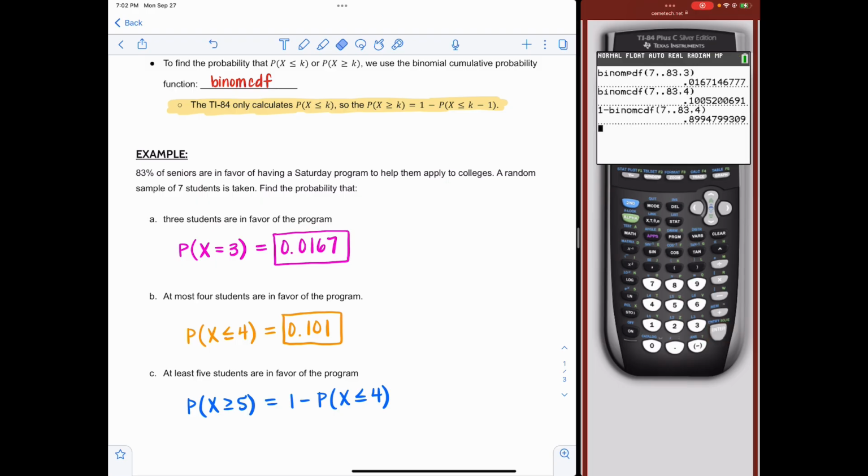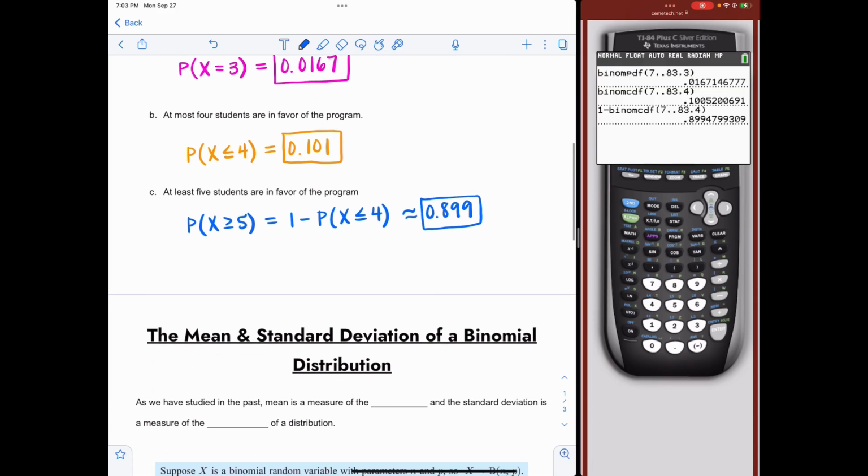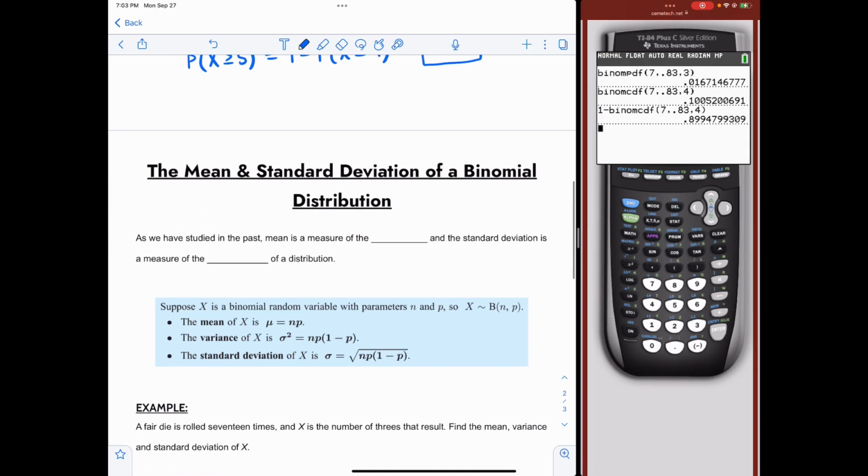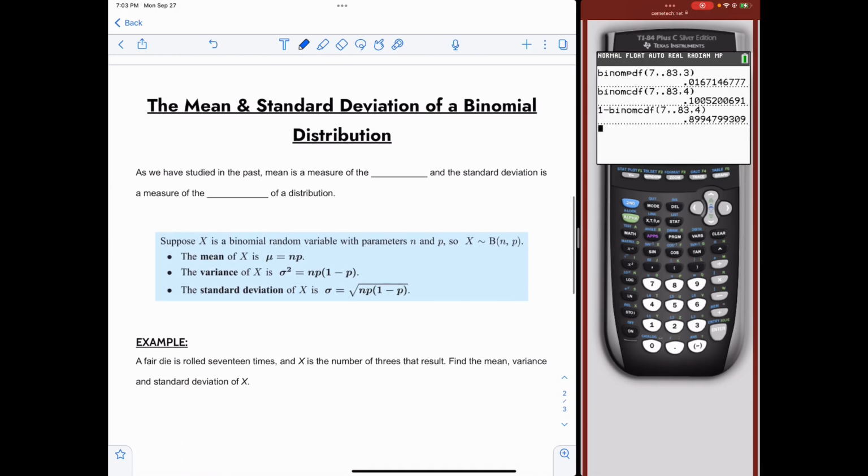I will see that it is approximately 0.899 as my probability in 3 significant figures, or I could say 89.9%.